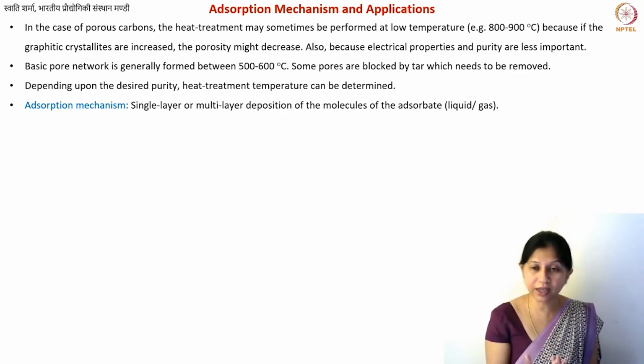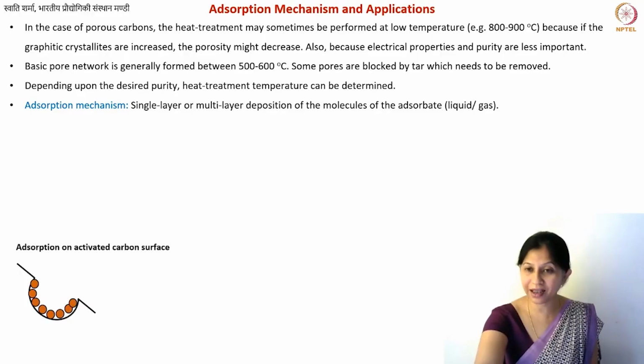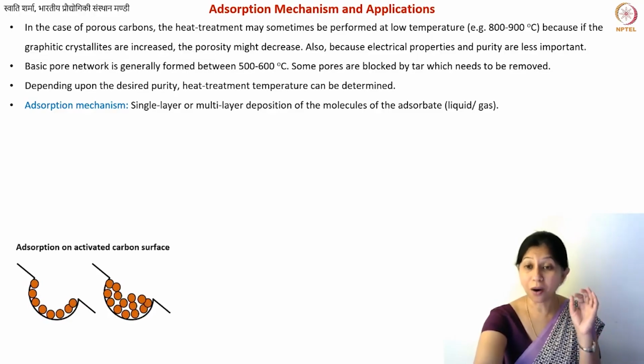So in most cases, it is a combination of both physical trapping and chemical attractive forces, which can be because you have radicals on the surface, or they may also be weak van der Waals forces. Okay, now the point is that you may have either a single layer of these molecules that are adsorbed, or you can also have multiple layers, and this is important because that determines how your adsorption isotherms look.